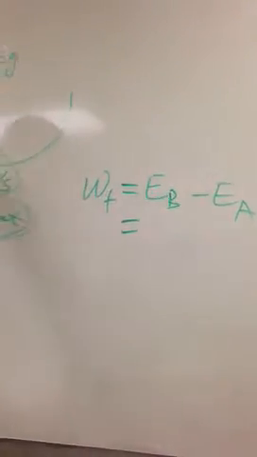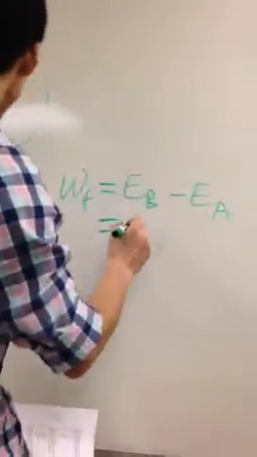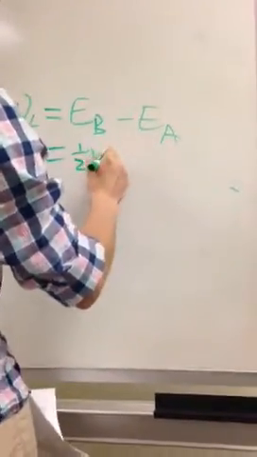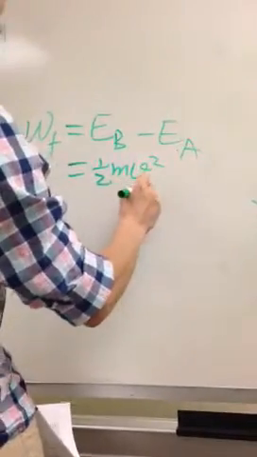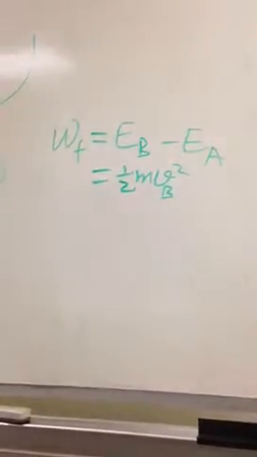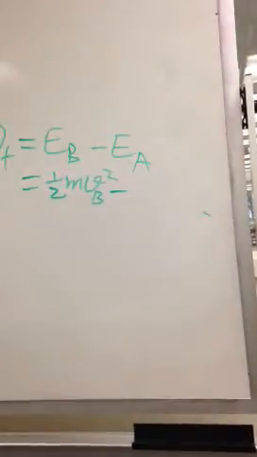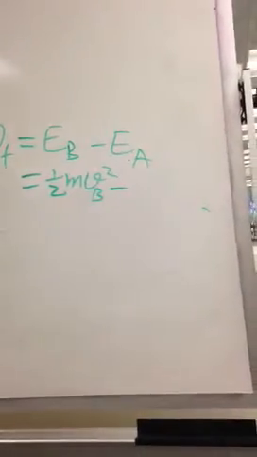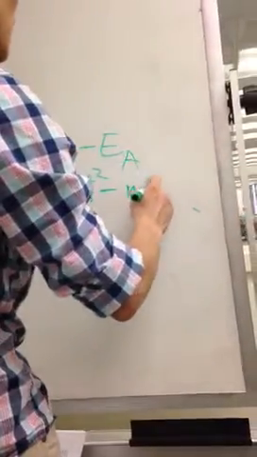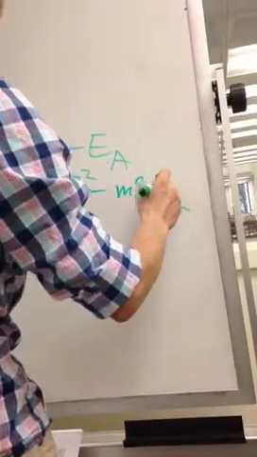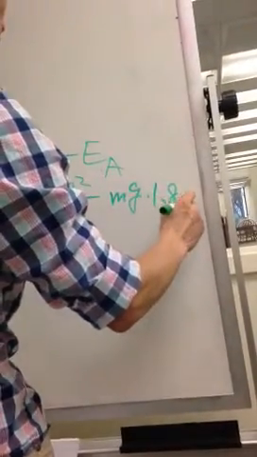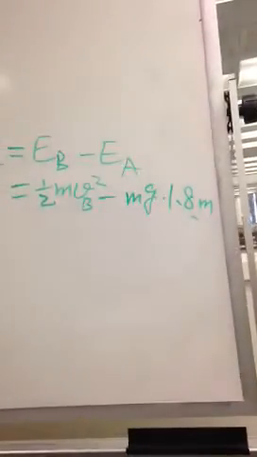And we know at B it is 1/2 mv squared. At A, there is no velocity, so it's only the potential energy, which is mgh, with h equal to 1.8 meters, right?